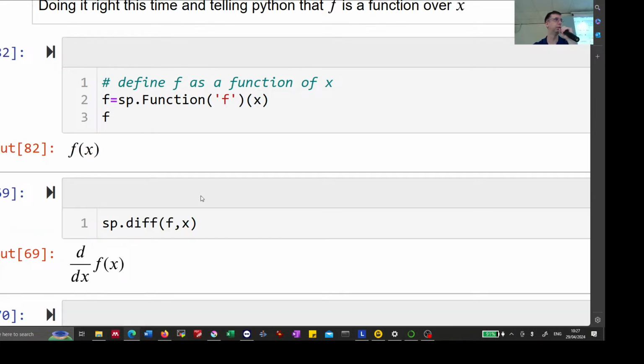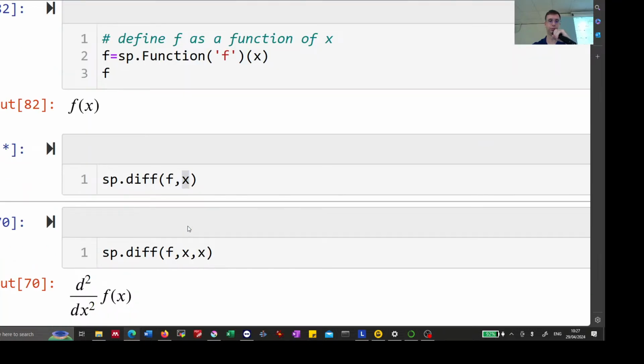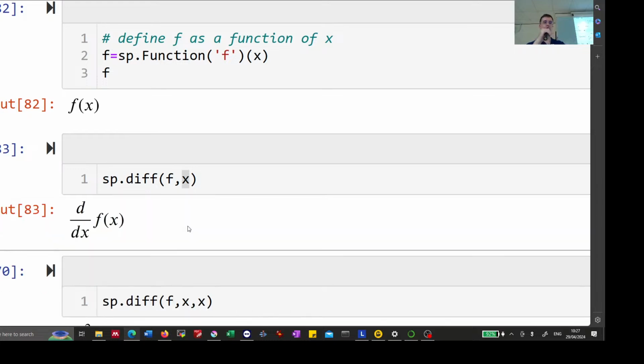So far, so good. Now, when we have f defined as a function, we can say, hey, give me the derivative of f with respect to x. And Python will be like, what is f? Oh, you don't know, then I can just tell you, well, the derivative of f with respect to x is the derivative of f with respect to x. As correct as possible at this stage. So far, so good.